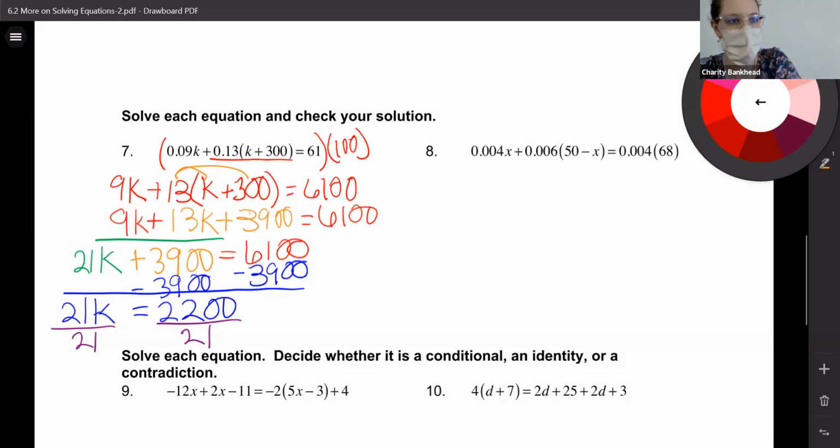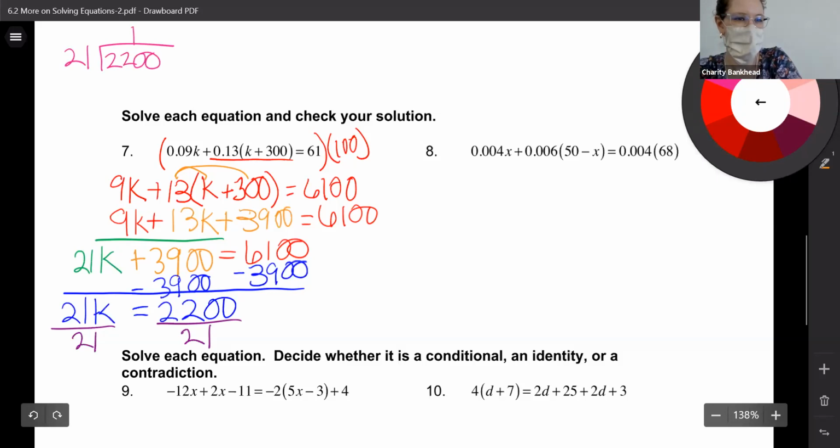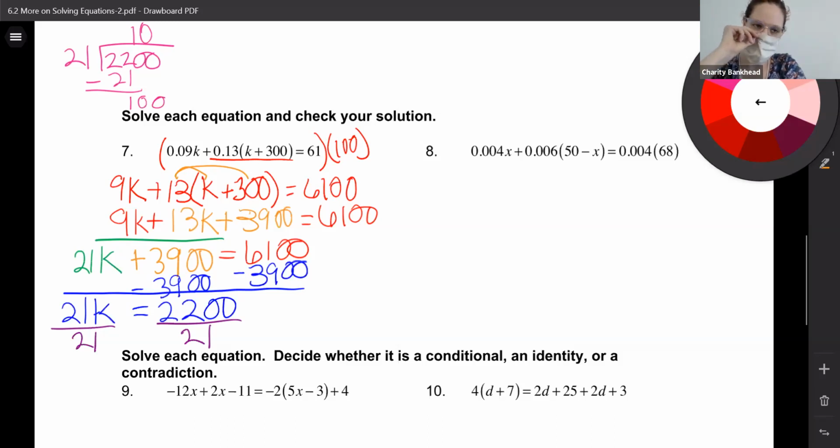Okay, so 21 goes into 2,200. So 21 goes into 22 one time, and then 1 times 21 is 21. 22 minus 21 is 1. Bring down the 0. So 21 can't go into 10, so that would be a 0. And then bring down another 0. And then 21 would go into 100 4 times. And 4 times 21 is 84. 100 minus 84 is 16.